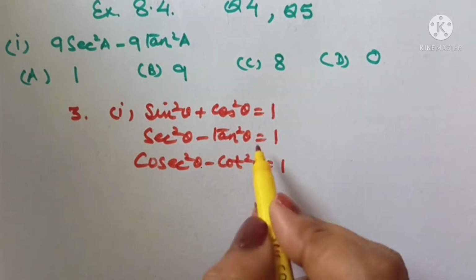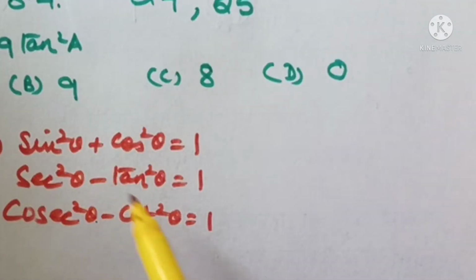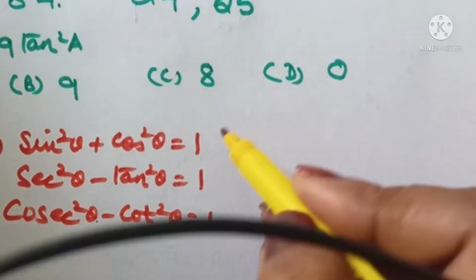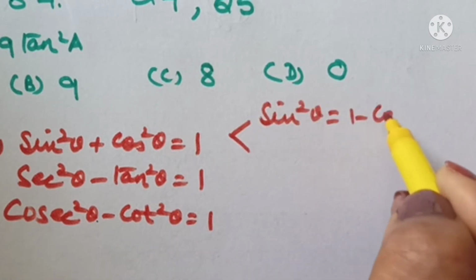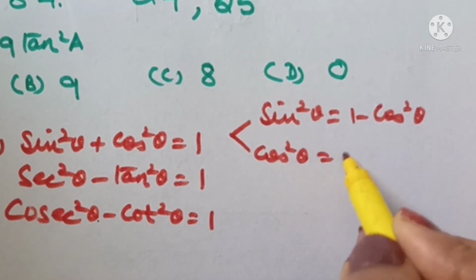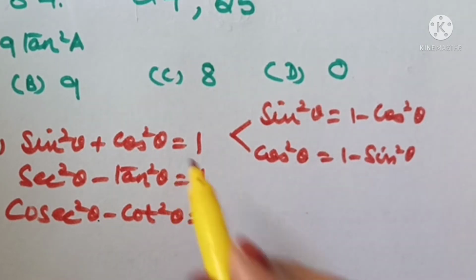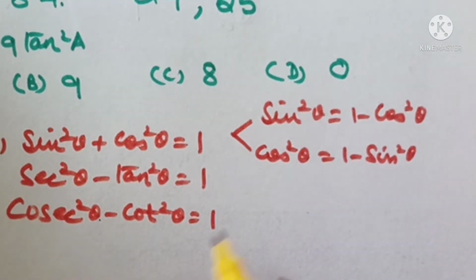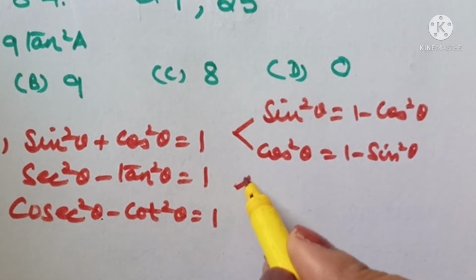So these are the three basic identities out of which you can find the value of sin square theta and cos square theta. How? You can write sin square theta as 1 minus cos square theta, and you can write cos square theta as 1 minus sin square theta. So these two can be extracted from the first identity only. Now for the value of secant square and tan square, you can write like this.